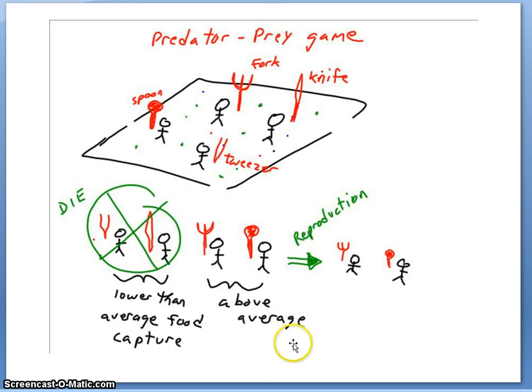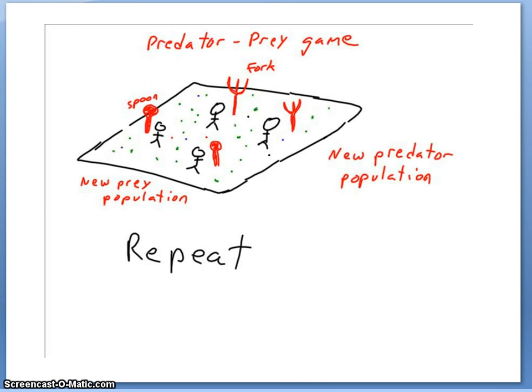They get to be the parents because they had an adaptive trait. Their prey capture utensils were more effective than the other ones over here. And so those with adaptive traits are going to be the parents of the next generation. And so the next generation population will have more individuals with those useful traits. And then we repeat the process.